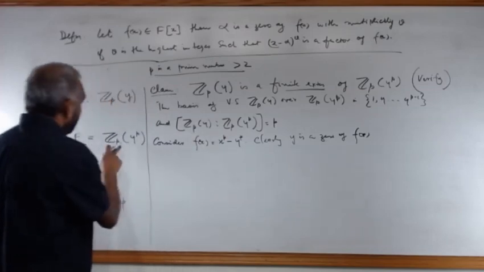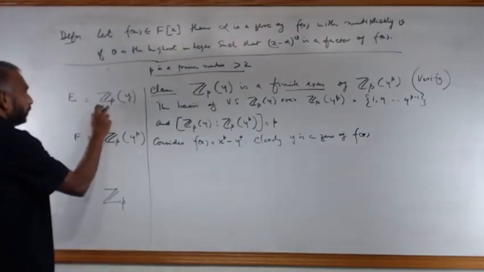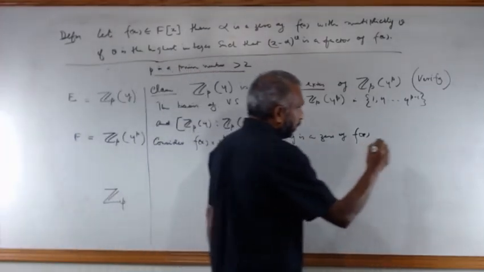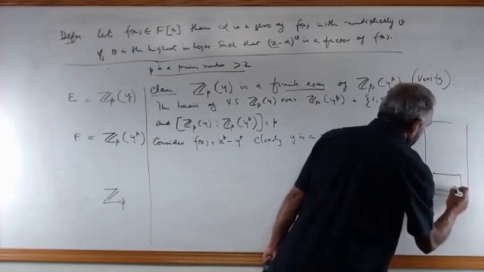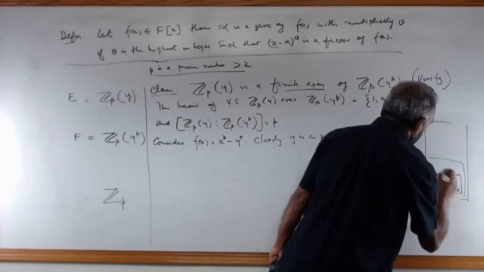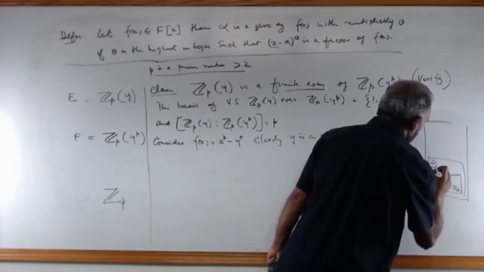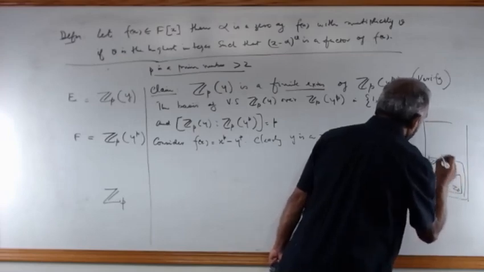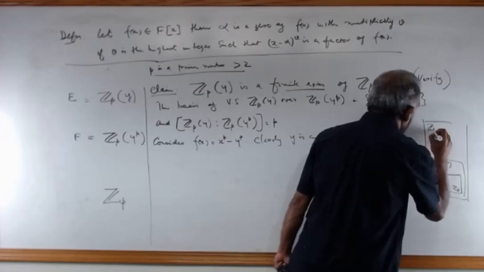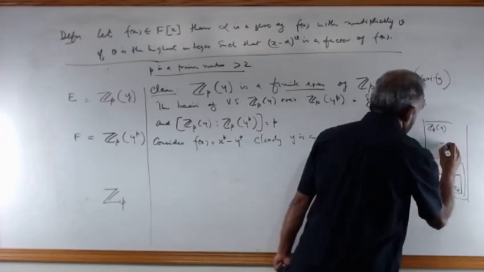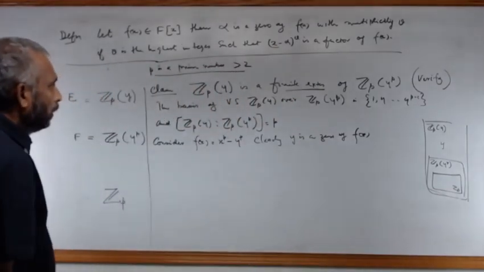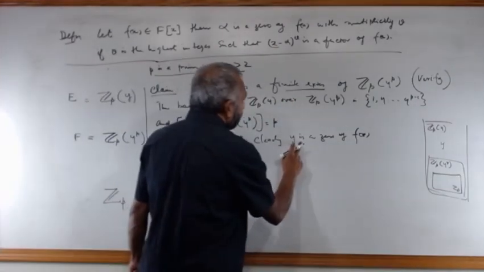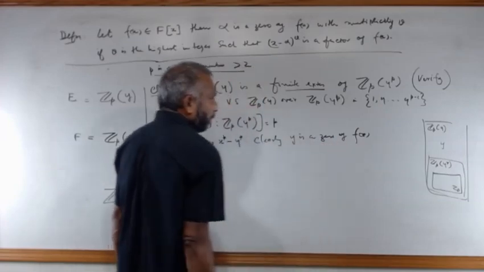Actually, y does not belong here. y is somewhere here. So if you take the diagram here, this is our Z_p and this is our Z_p(y^p), and this is our Z_p(y). So y is somewhere here. It cannot be here. This is a 0 of f of x.